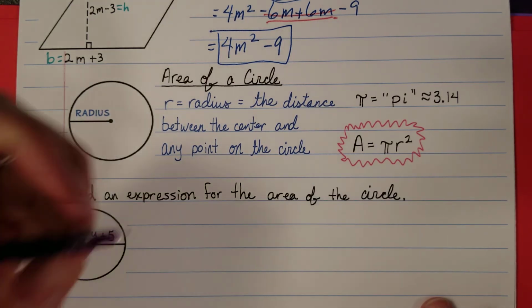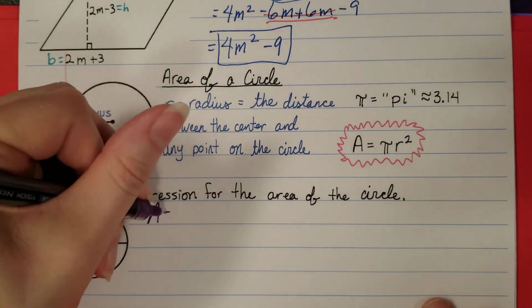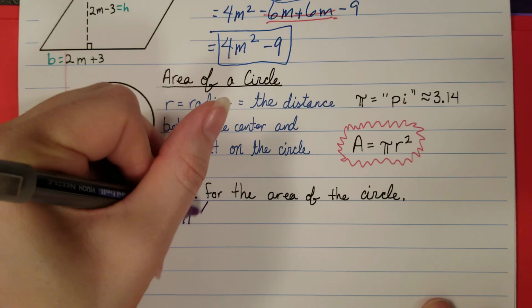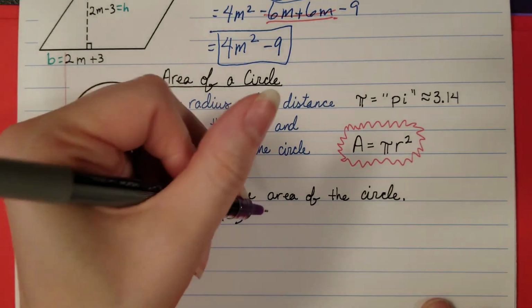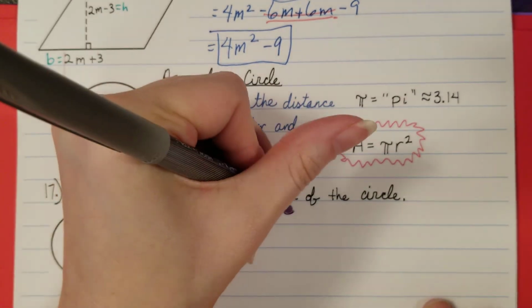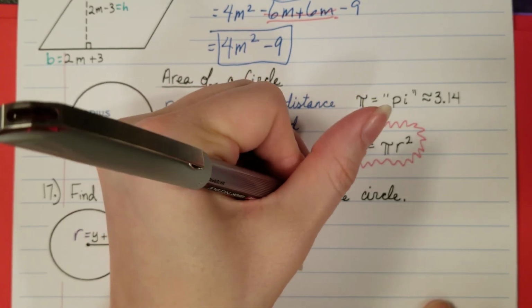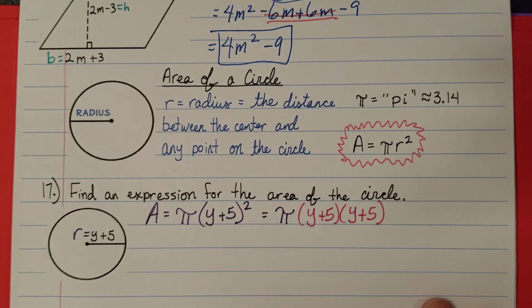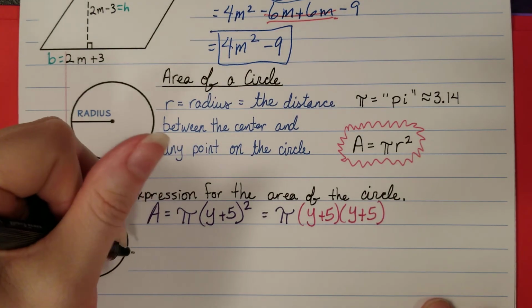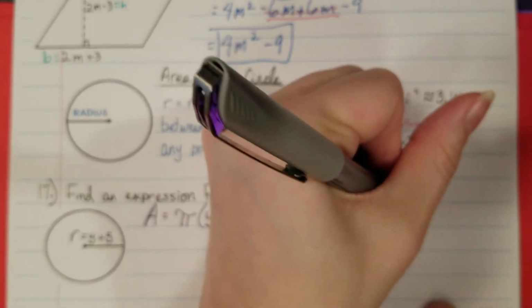All right, and in this case, r is equal to y plus 5, so A is equal to pi times y plus 5 squared. Okay, so that is going to be pi times y plus 5 times y plus 5. So we're going to FOIL. So leave the pi there for now and just FOIL.